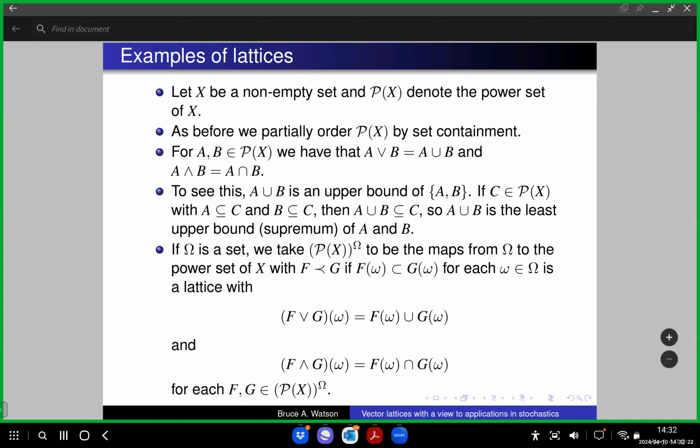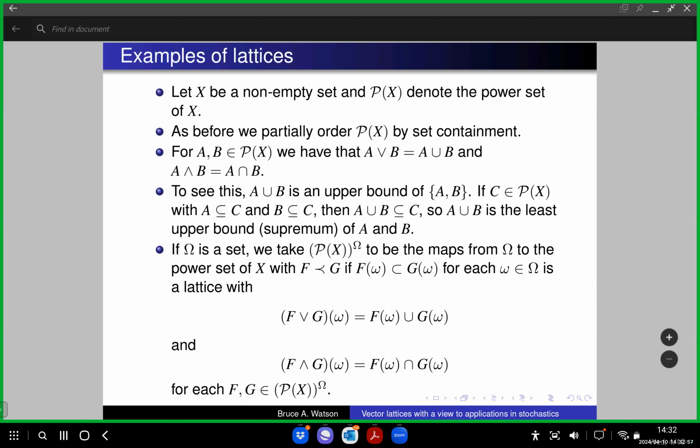So now P(X) is a partially ordered set. And for each A and B in P(X), we have that A and B have a supremum in the power set of X, which is exactly the set union of A and B. And they have an infimum, which is the intersection of A and B.